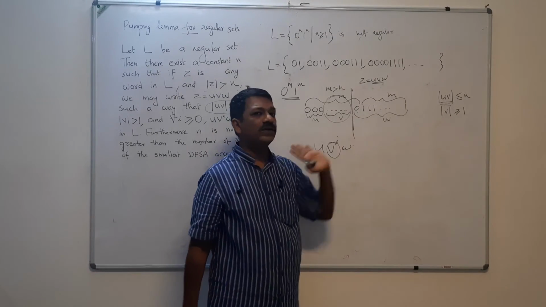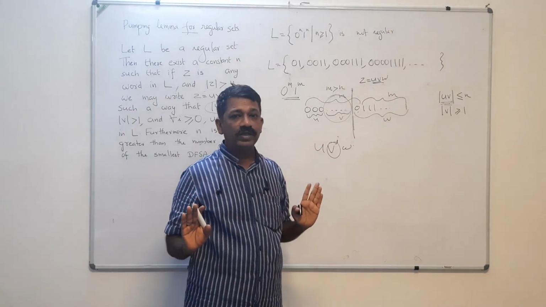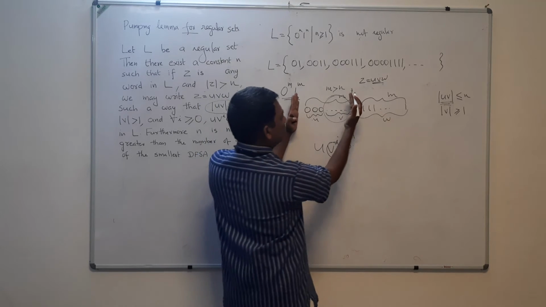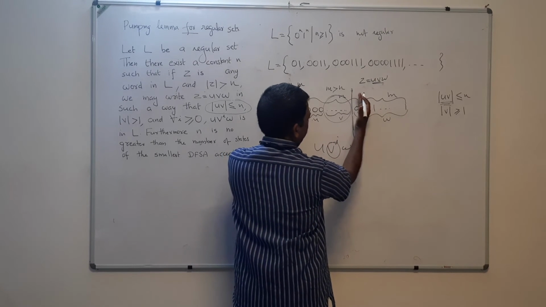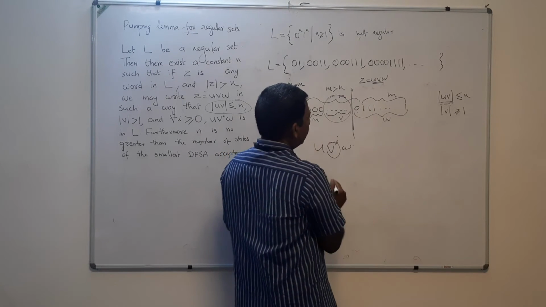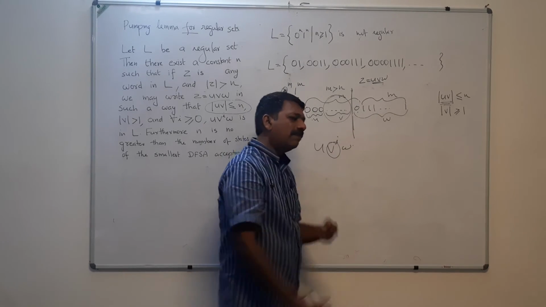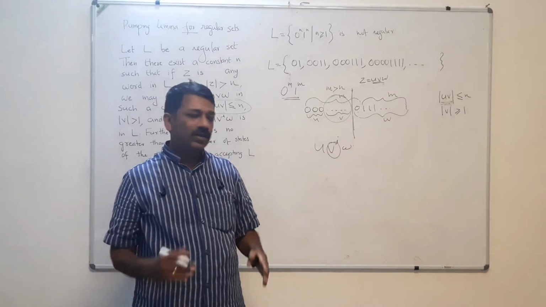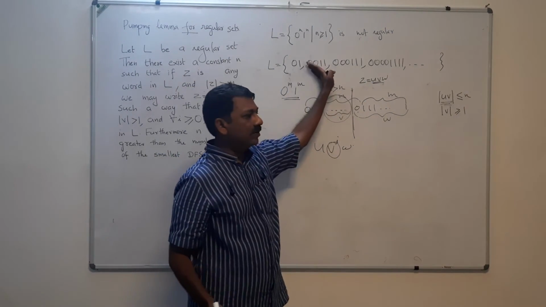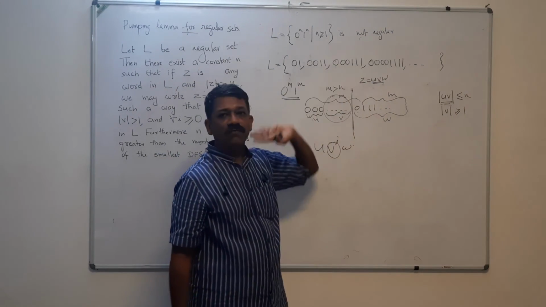From this point onwards, it is not able to reach. That uv is in this portion only. So whatever be u and v here, if you are pumping that v again and again, only zeros can be pumped. There is no pumping of ones.